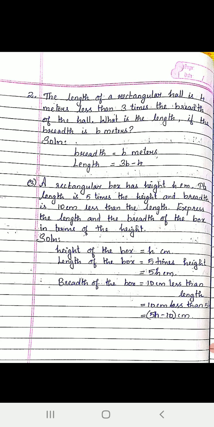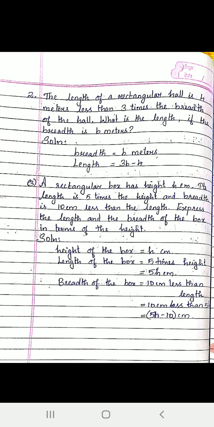Next you see, a rectangular box has height h centimeter. Its length is 5 times the height and breadth is 10 centimeter less than the length. Express the length and breadth of the box in terms of height. Height is given as h centimeter.